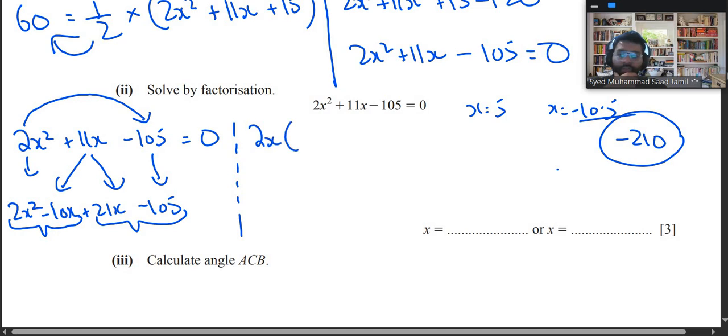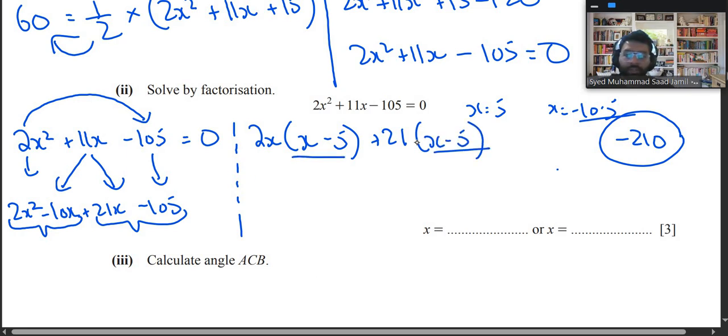When you take 2x it becomes x minus 5. And in the other one, 21 and 105. What's the number that is common? It's 21. So you will take 21 as common. It becomes x minus 5. So x minus 5 common, and 2x plus 21.